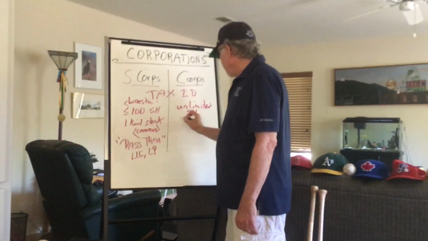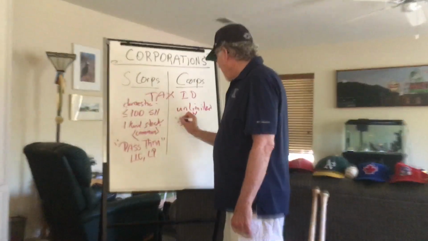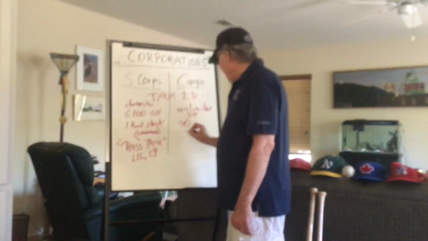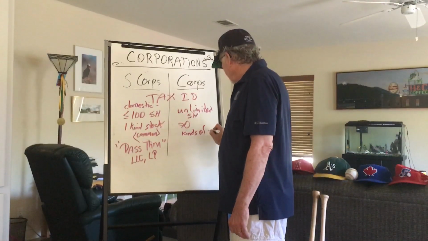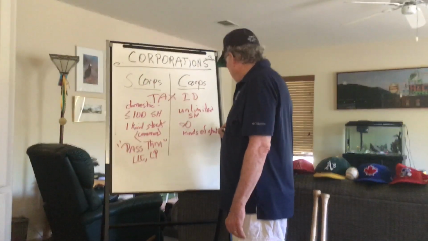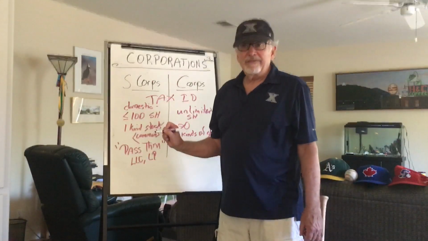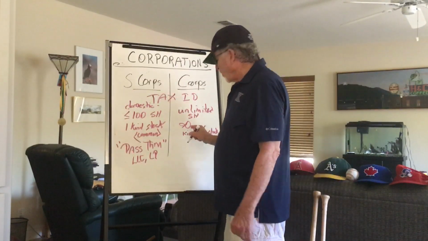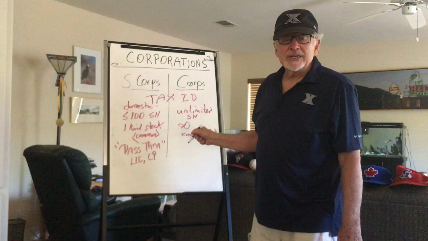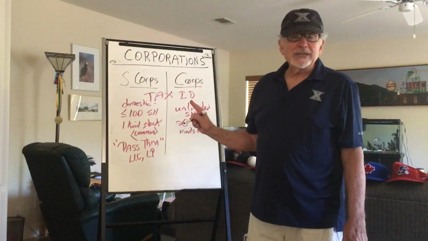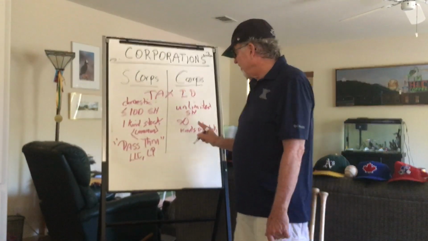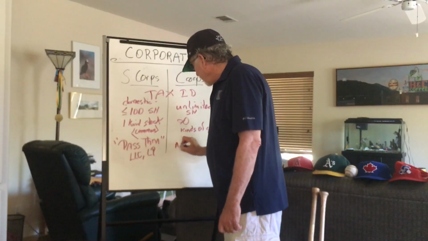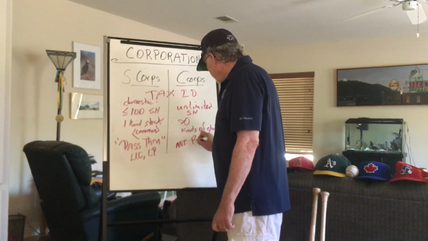Unlimited shareholders, infinite amount of stock, all sorts of kinds of stock. For example, in Facebook, there's a lot of people that own common stock, but Zuckerberg owns a special kind of stock that gives him voting control of the corporation. And this is not passed through.